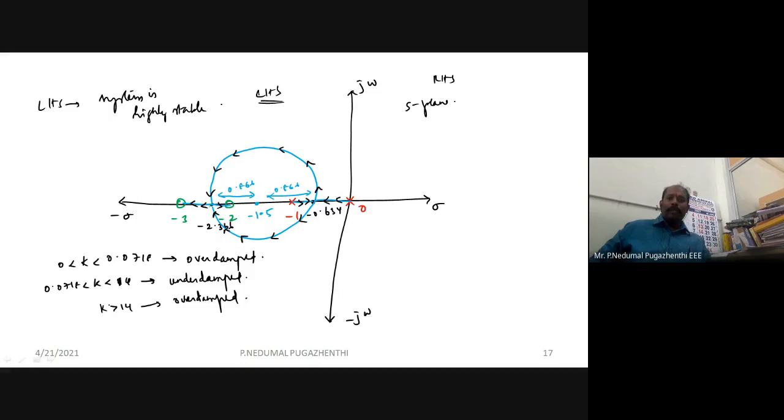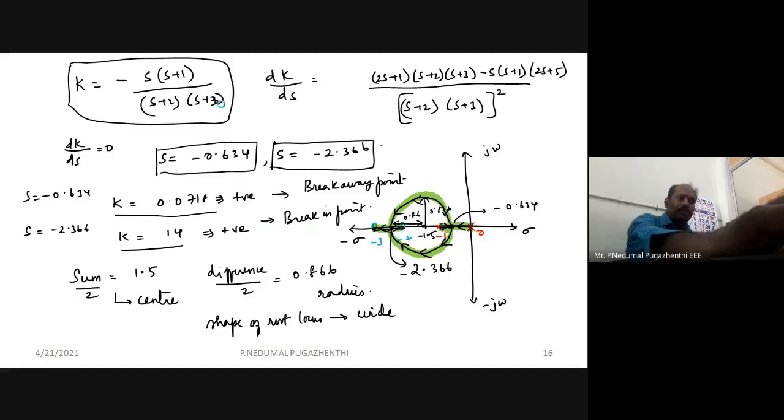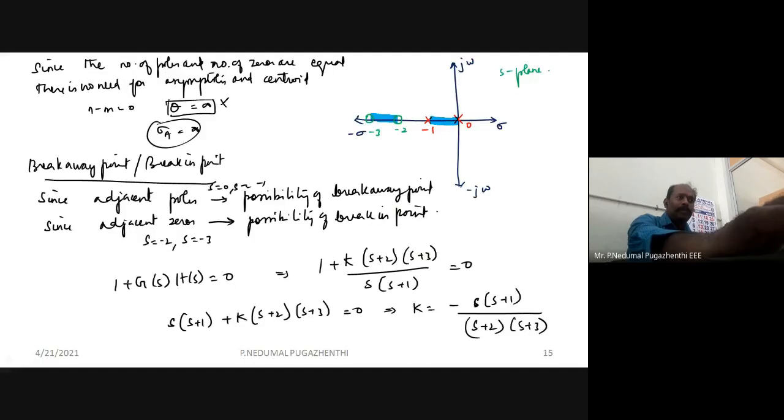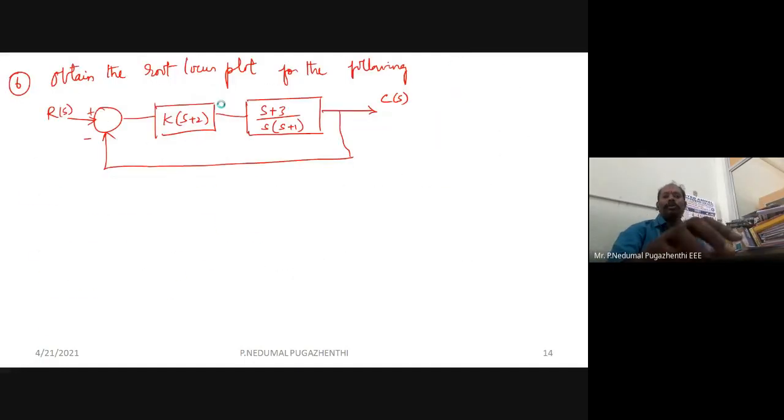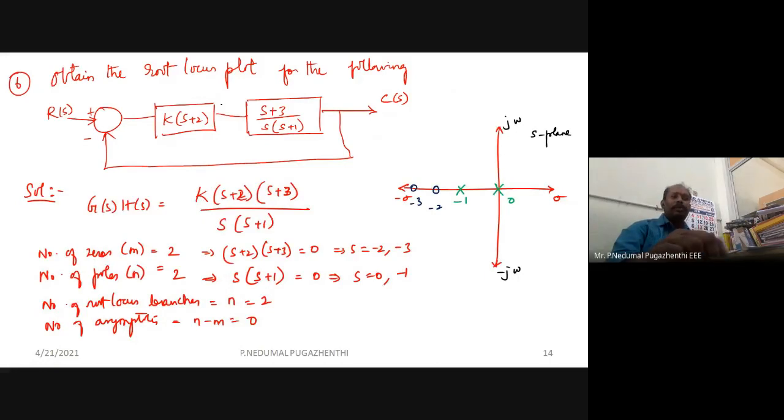Any doubts so far? So let me revise whatever we have discussed today. This is very simple and very important too. One type of root locus. You can see the provided system has two poles and two zeros.